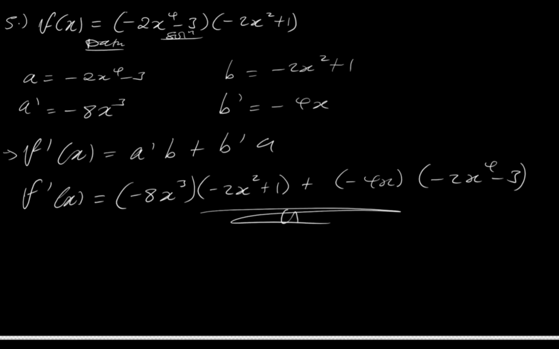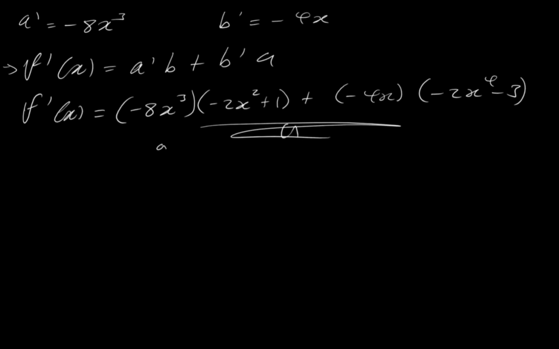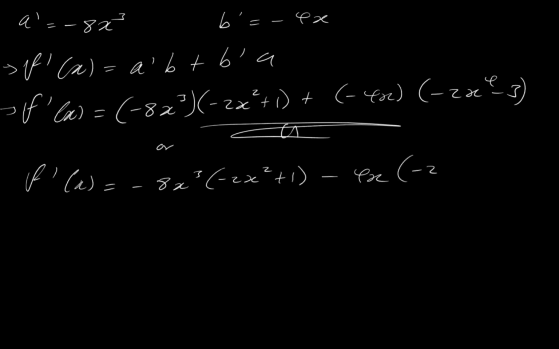Or if we want, we can fold it out. For the sake of explanation purposes, f prime of x is, let's write this in the form of minus 8x to the third times minus 2x to the second plus 1, now say minus 4x times minus 2x to the fourth minus 3.